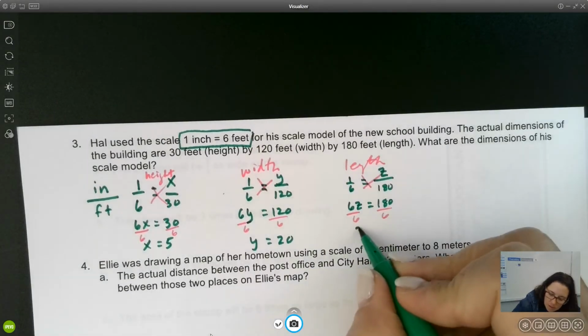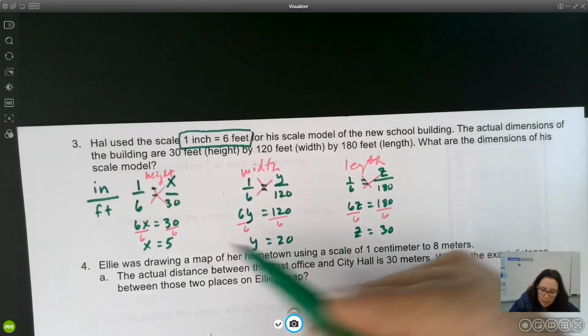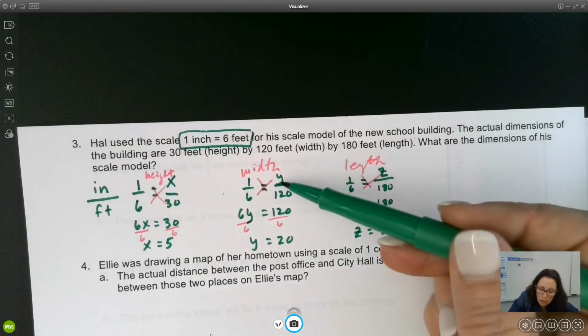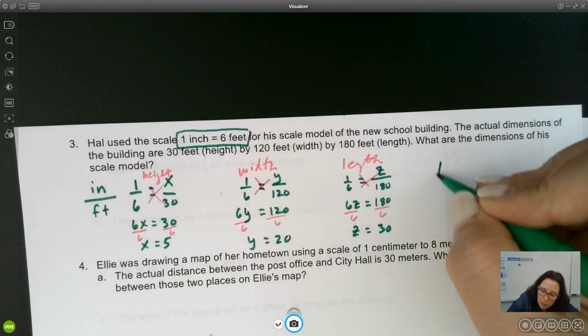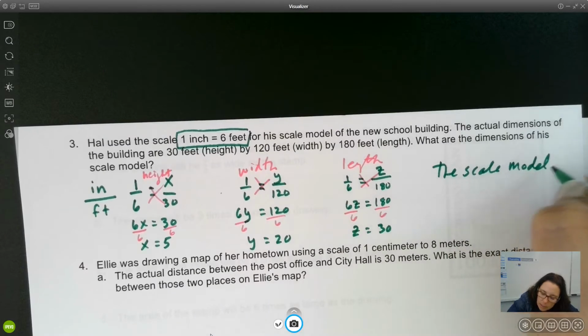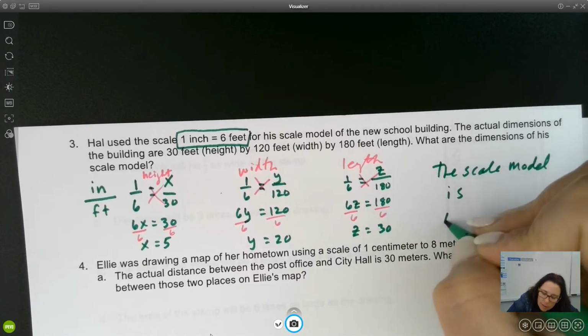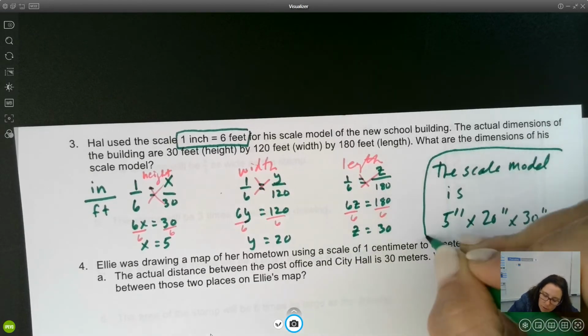So z is 30. Okay, now remember all these values are in inches because those were all of our unknowns on the top, which went with inches. So the scale model is 5 inches by 20 inches by 30 inches. That's your answer.